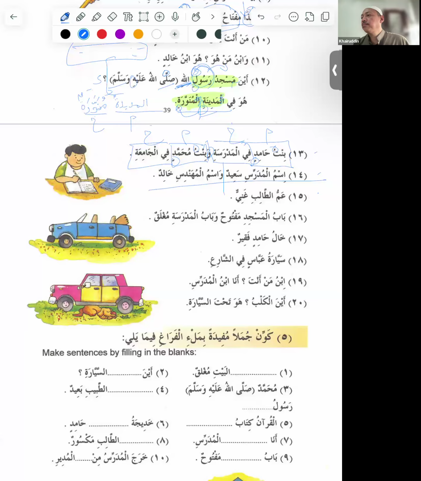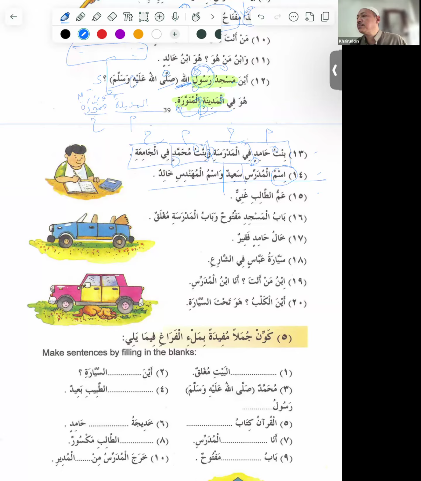And then again, the next sentence, okay, ismul mudarrisi, the name, this means name, al mudarrisi, the teacher. So the name of the teacher.